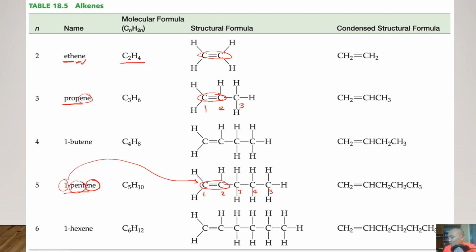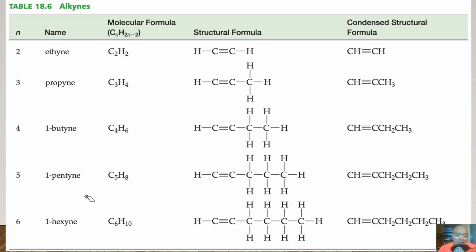The double bond starts with carbon number 1. So that's why you put a 1 before the whole thing to indicate where the CC double bond is. The CC double bond is a functional group, so it indicates where the double bond is. We will talk about the naming for alkenes and alkynes shortly. Let's look at some examples of alkynes.